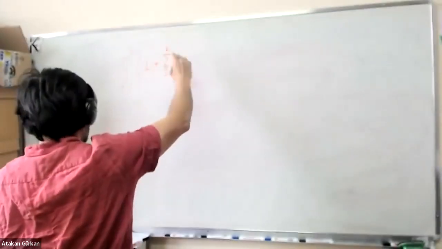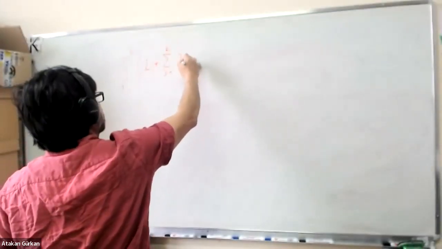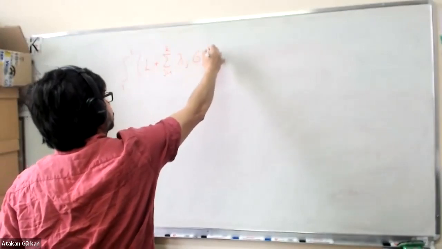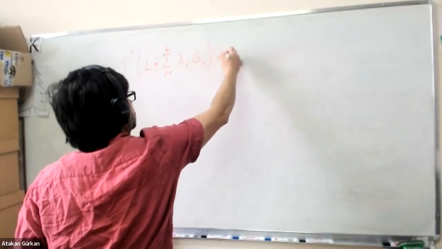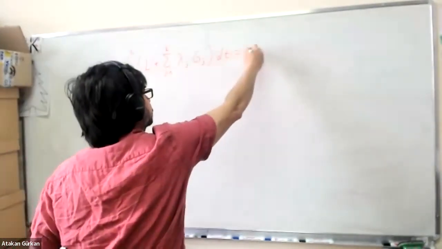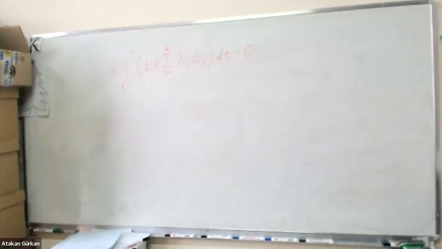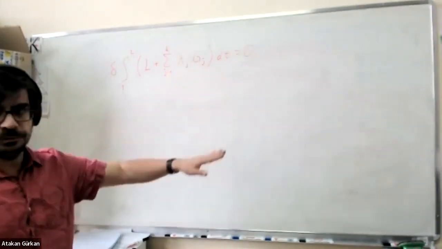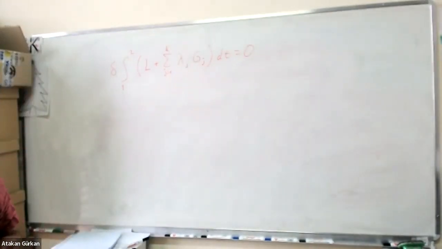I have a number of constraints, k of them, let's say, and I'll introduce them this way. The variation of this is going to be 0. This is what I want. And this is how you introduce constraints into your system. I want to find the extremum of this function. You could do this separately, but you don't have to.